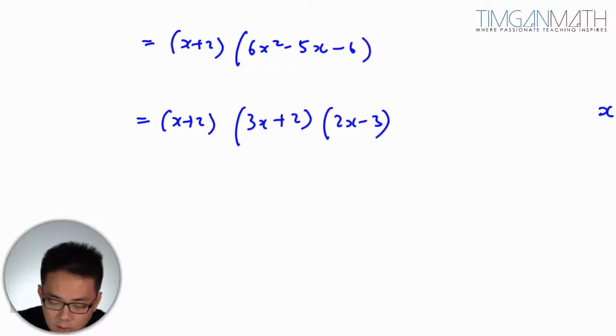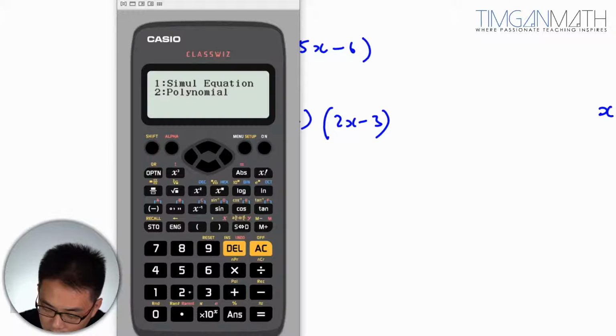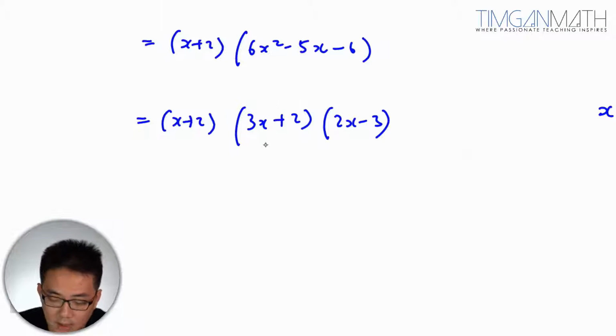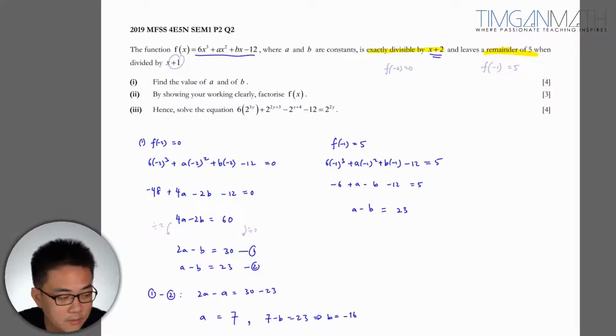You could just key it into the calculator and see that it is actually the poly 2. So this will be 6, -5, and -6, and the 3/2 and -2/3. So that's the answer here, and that's how you completely factorize it. This is 3 marks.